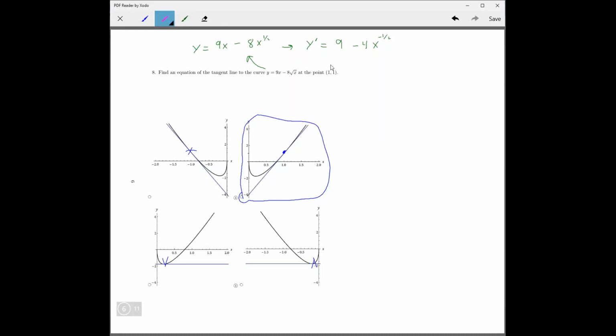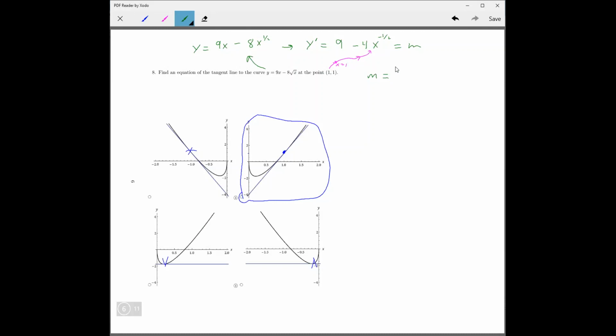Okay, now what we're going to do is set x equal to 1, right here. The derivative is the slope, right?